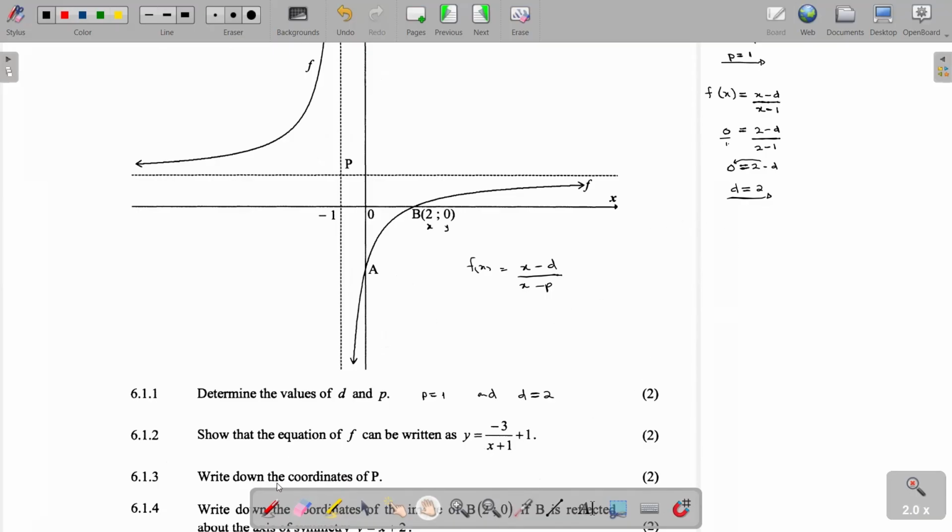So this is 6.1.2. We have f(x) equal to (x minus d), but d is 2, divided by x minus p, where p is equal to 1.